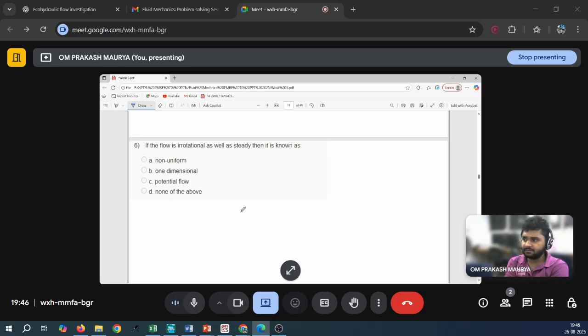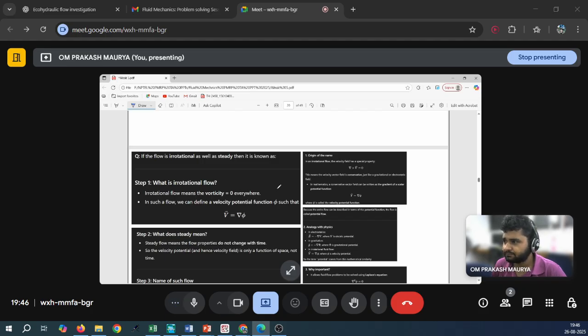Which option should be correct if the flow is irrotational? Yes, if the flow is irrotational and steady, the flow will be potential flow. Why potential flow?